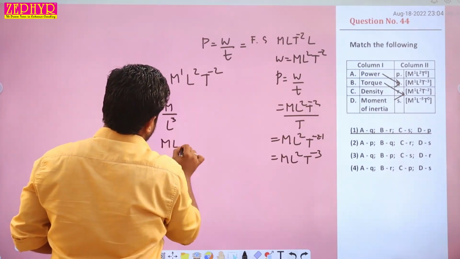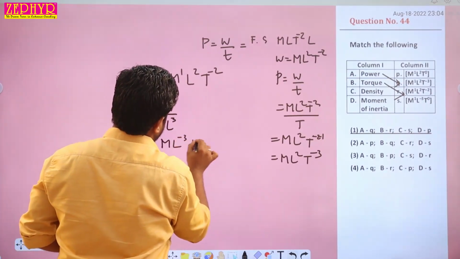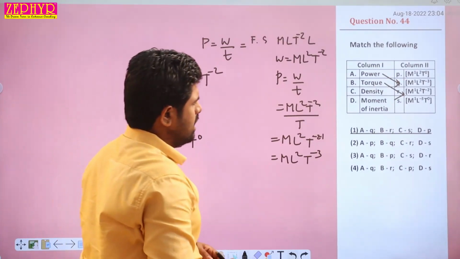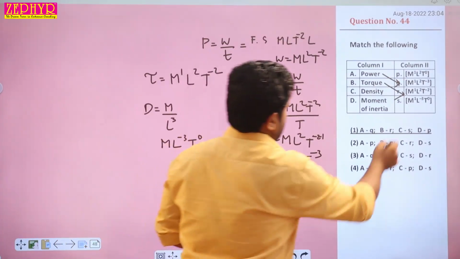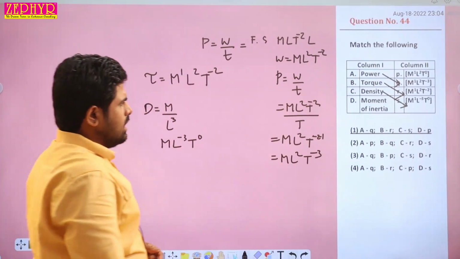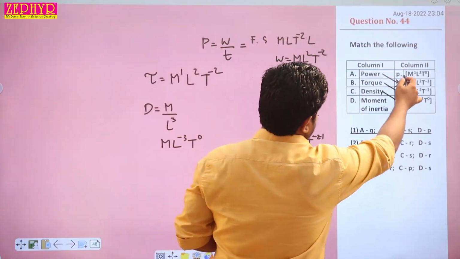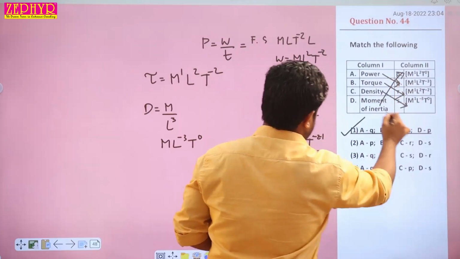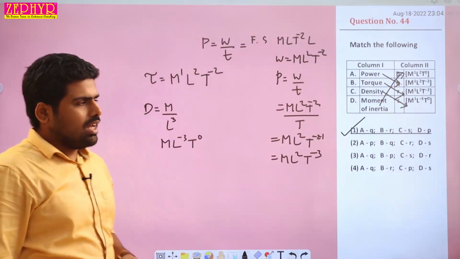So m L raised to minus 3 T raised to 0. So C is equivalent to S. Then the last one, moment of inertia, is equivalent to P. So the first one is the right answer.